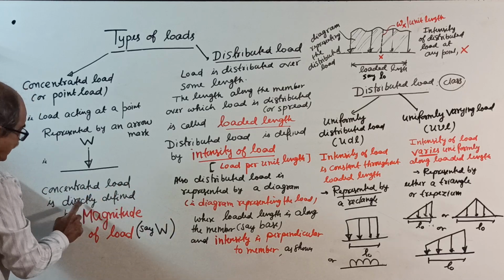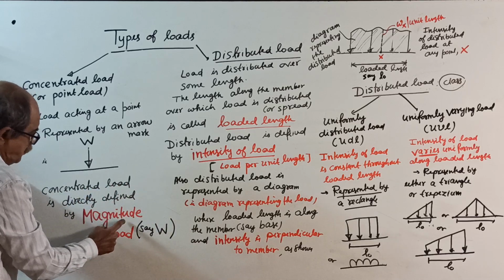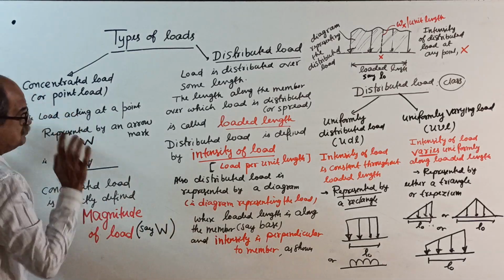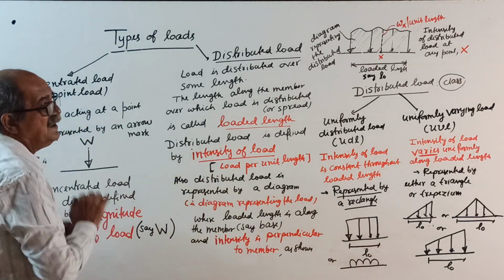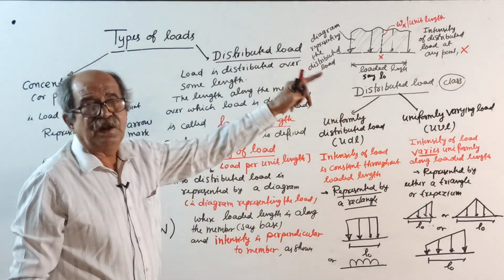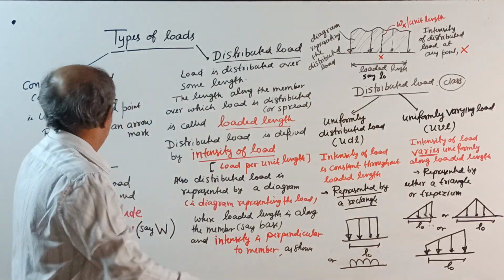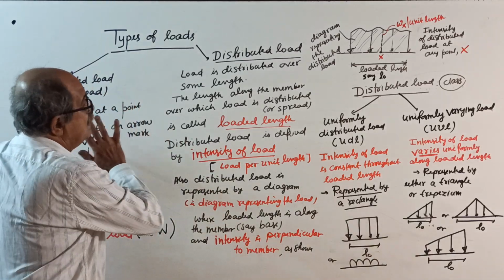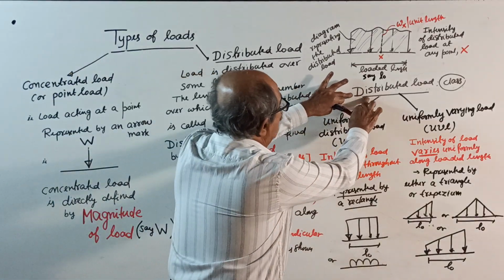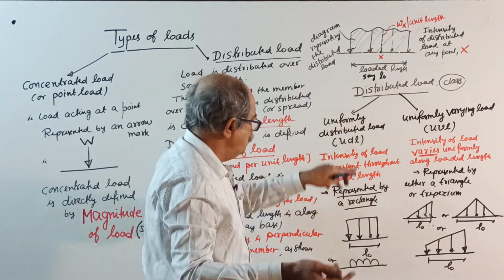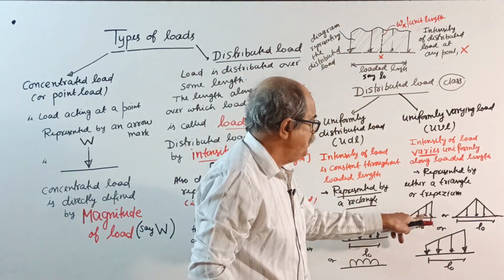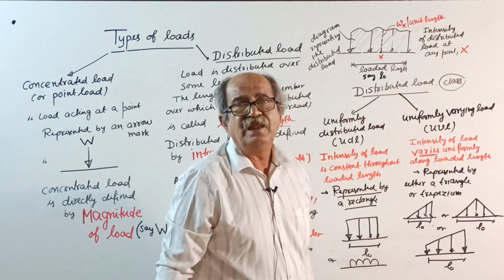Concentrated load is directly defined by magnitude of load, say W. Further, I will tell later. Once my first round is over, this is introduction. Second round is separately point load, separately distributed load, there separately UDL, separately this UVL, that UVL and this UVL.